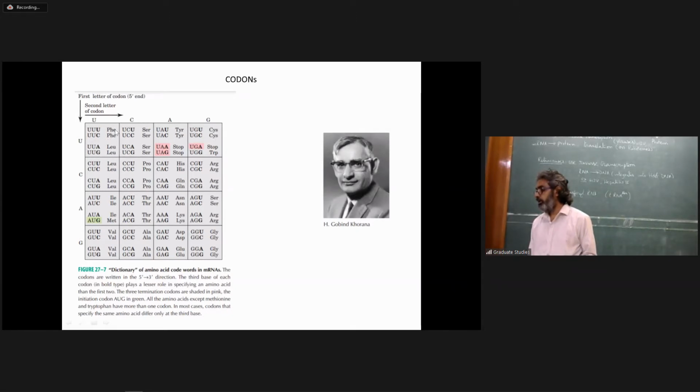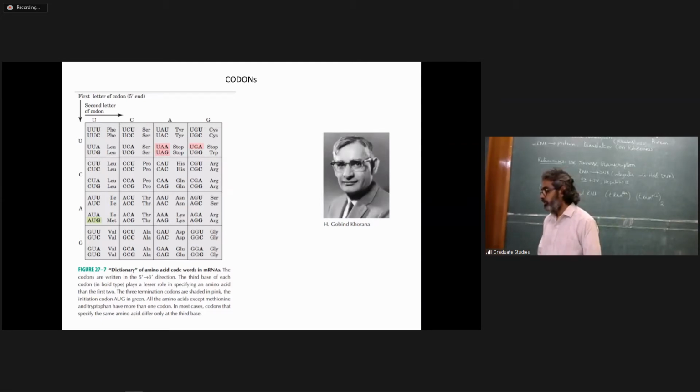I mean, there are two different phenylalanine codons, so you actually have two types of transfer RNA for phenylalanine. One binds UUU, another binds UUC. So this is redundancy. Means that somehow phenylalanine coding tRNAs have two varieties.